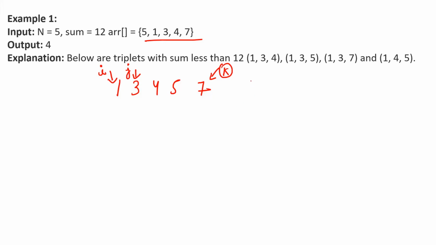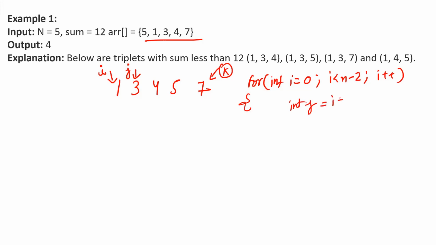So first of all, we'll be taking a loop. If in coding terms I'm saying, so i < n - 2, i++. Now accordingly, we'll be setting the value of j as int j = i + 1, one step ahead of i, and another value k as n - 1.